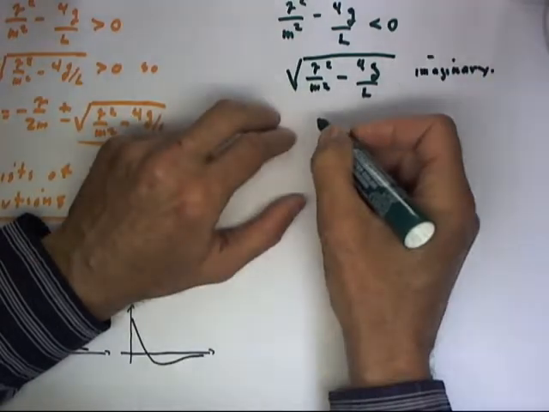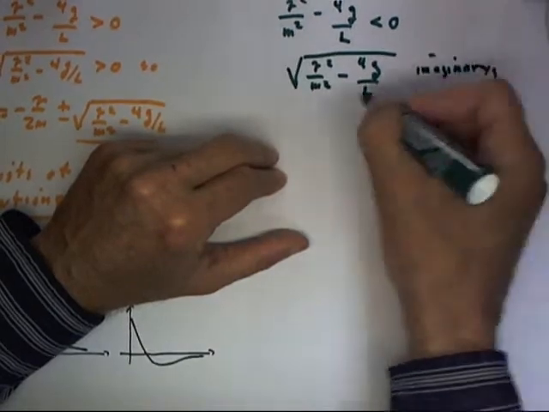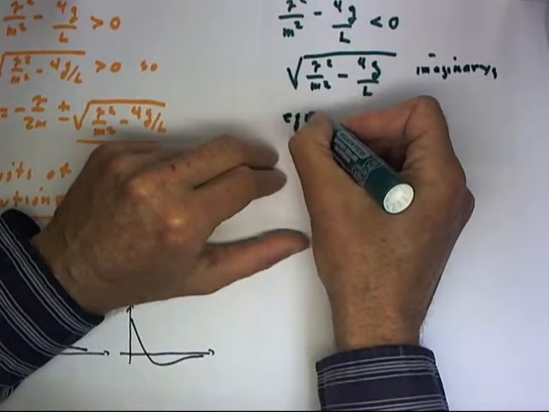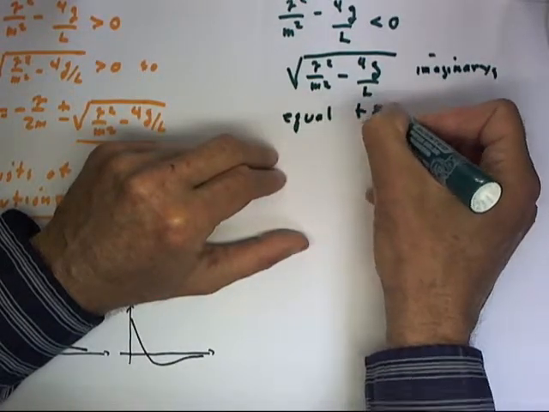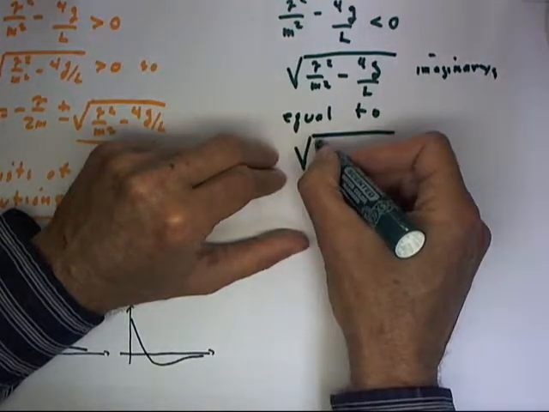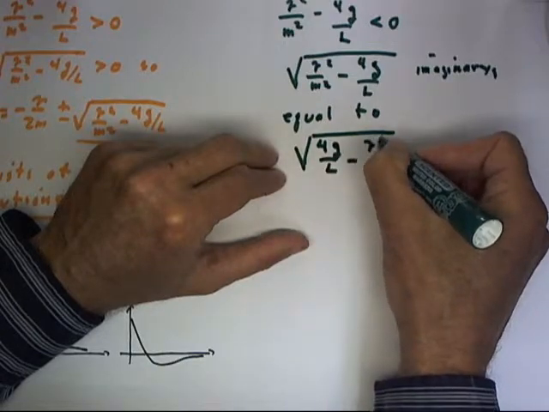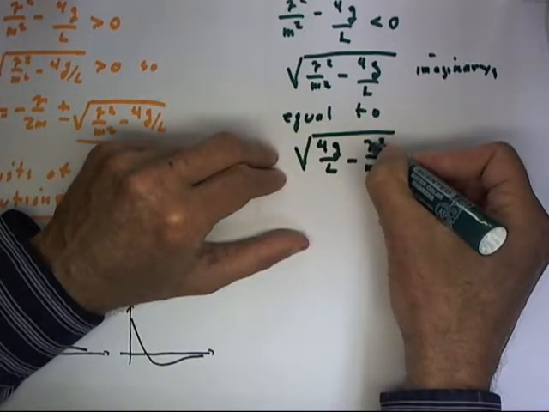You can work out the details, but it's going to be equal to the square root of 4g over L minus gamma squared over m squared.